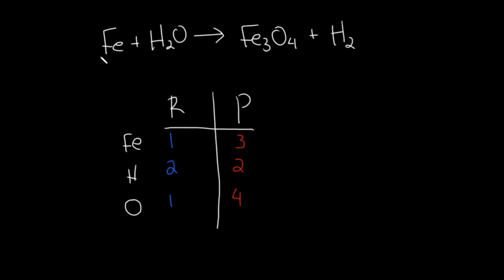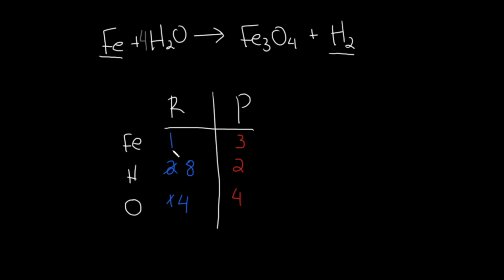So notice that both iron and hydrogen are isolated, which means that we can start by balancing oxygen. In this case, we have 4 times the oxygen on the product side as the reactant side. So we start by multiplying this by 4. This way we have 4 oxygen, but we also get 8 hydrogen.